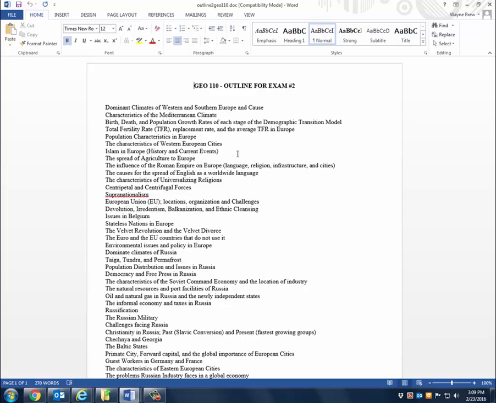So if you look at the dominant climates of Western and Southern Europe, these are dominated by, in the south, the Mediterranean climate, and when you get into Western Europe in the north, it's the West Coast climate, the very modified climate that you find there, the West Coast version of it.